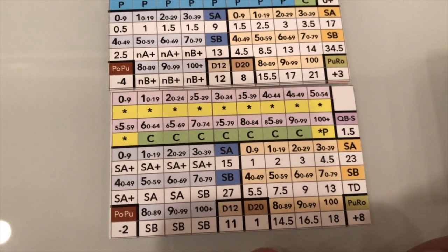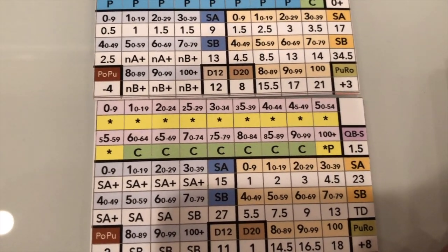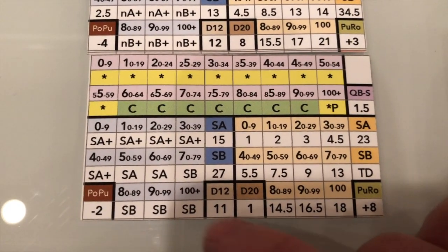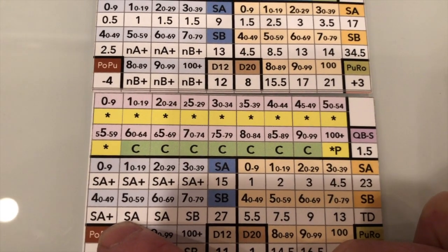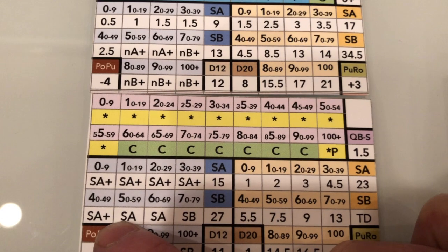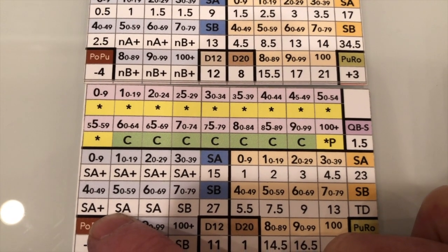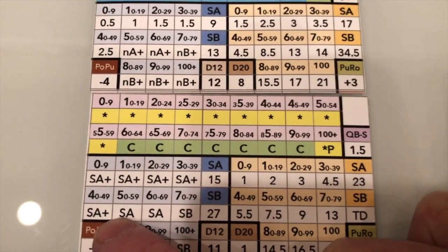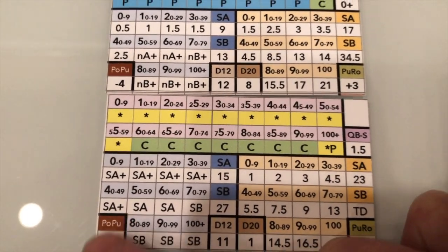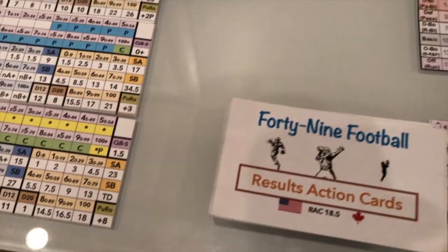If, however, on the previous run Sims' number was between 40 and 49, you see it says SA plus. And that means that the running back has to be rated SA plus or SB for it to work. But also with that plus, you need to roll to see if you actually get the extra yards on the play.